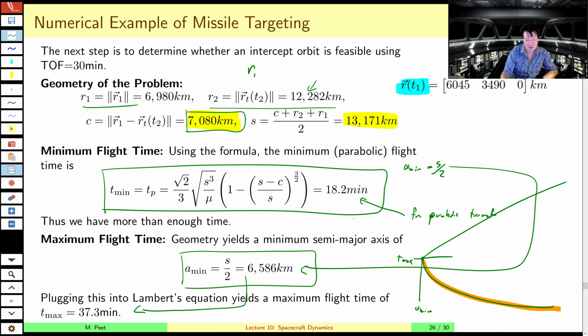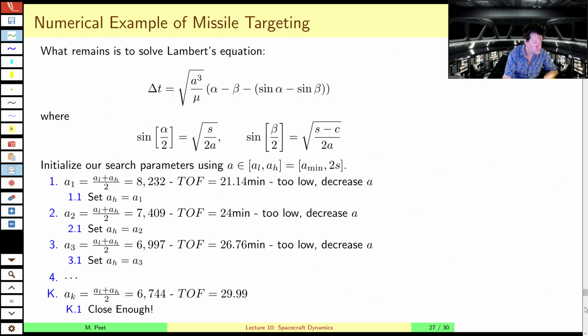And so we can choose A max pretty conservatively. I'm going to choose, I think, 2S. I forget what I chose on the next slide. Yes, I chose A max of 2S.